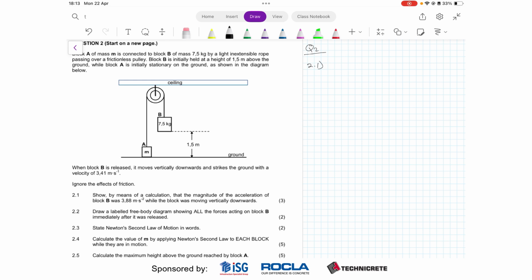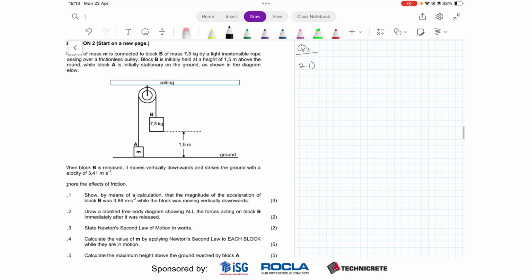Now, for this question, the first thing we're going to start off with is the formula. You can choose either to have your velocity upwards as positive or upwards as negative, and you can also choose to have your velocity downwards as positive or negative. So in this case, we have chosen downwards.